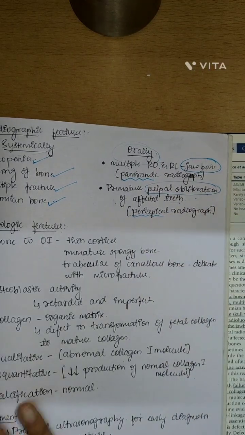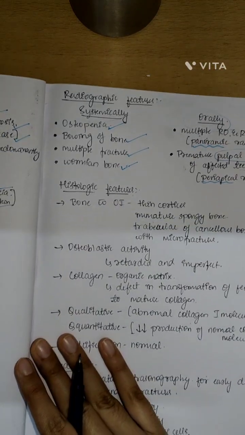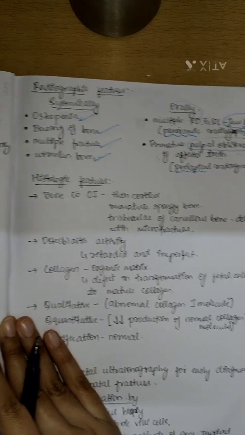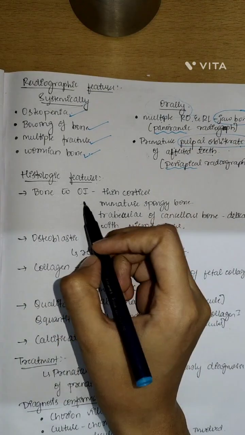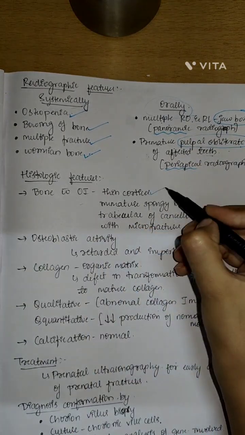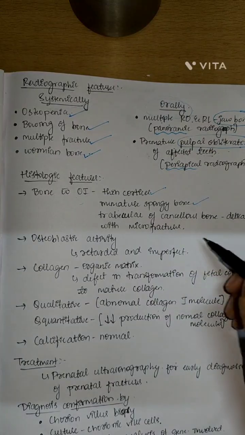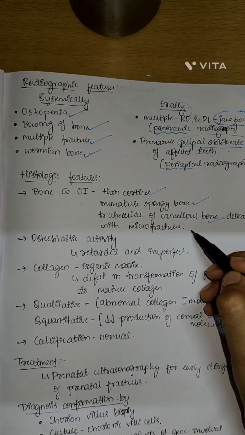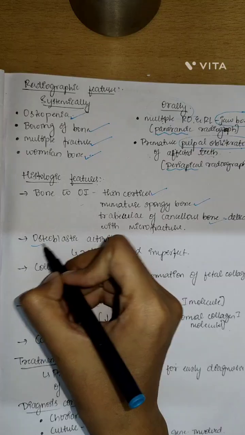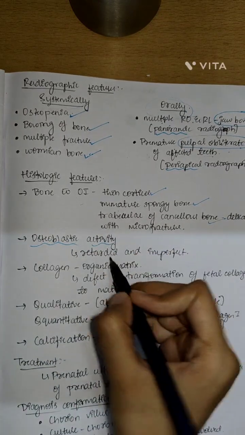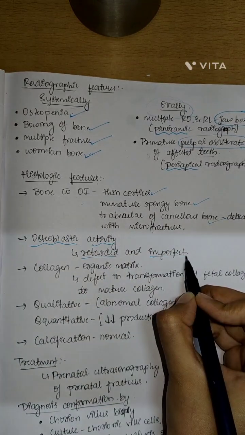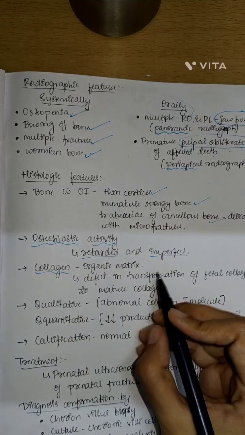Then, coming to the histologic features, it is subdivided like this. The bone with osteogenesis imperfecta has thin cortices, which has immature spongy bone, and trabeculae of cancellous bone with microfracture. The osteoblastic activity is also retarded and imperfect.